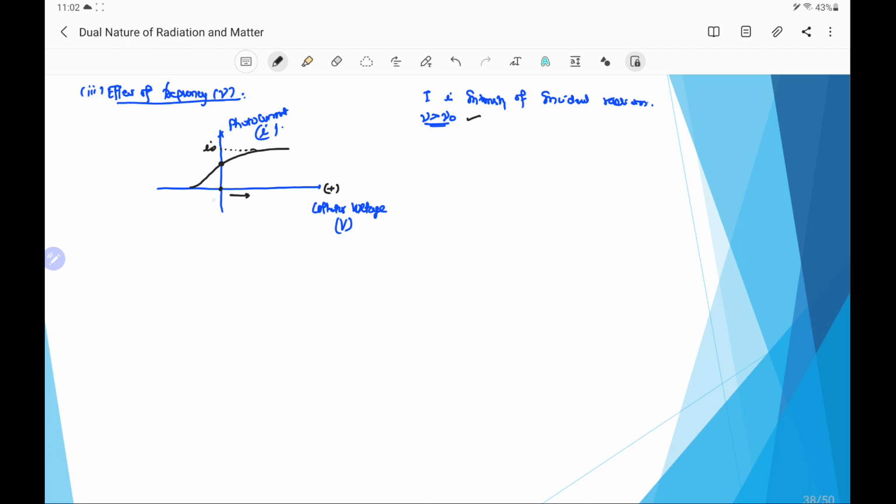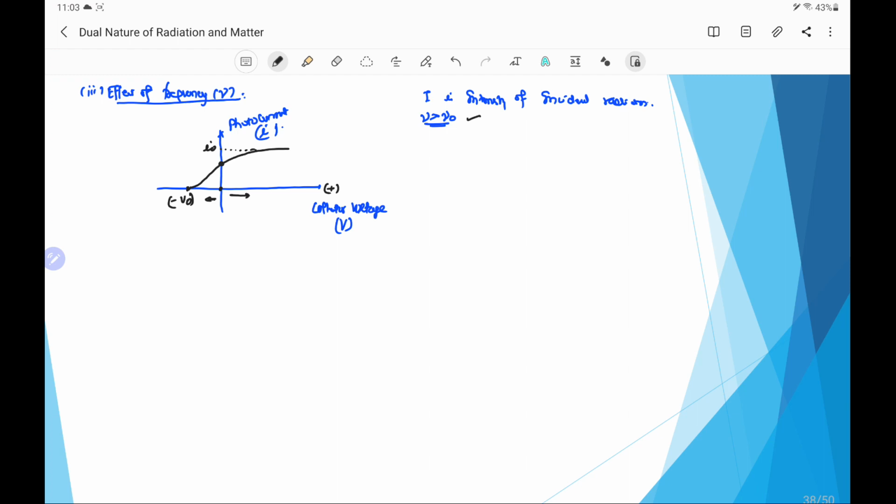If we apply a negative voltage, the number of electrons reaching the collector decreases and the photocurrent decreases, and at a particular voltage, called the stopping voltage, a negative voltage applied at the collector causes the photocurrent to be zero. That means none of the photoelectrons is able to reach the collector.